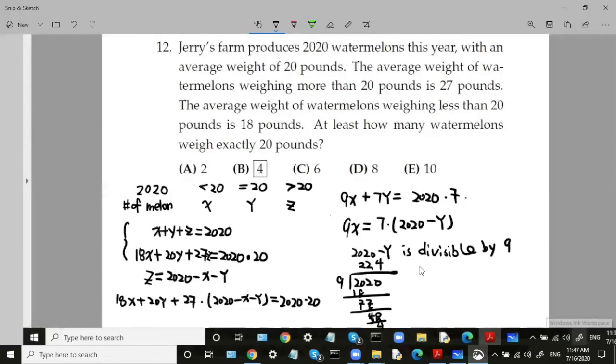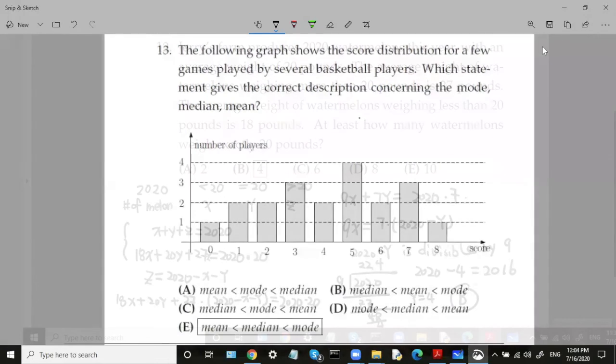That means if y equals 4, the smallest value of y, then 20 minus 4 is 16, which is divisible by 9. So at least 4 watermelons weigh exactly 20 pounds. The answer is B.